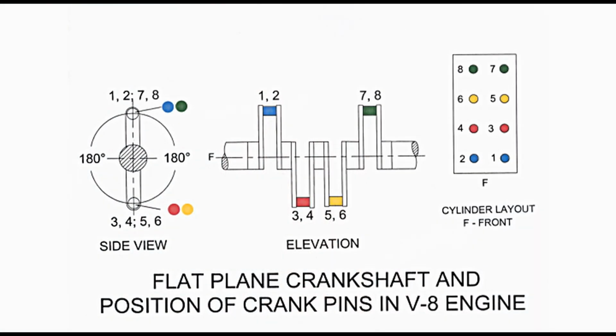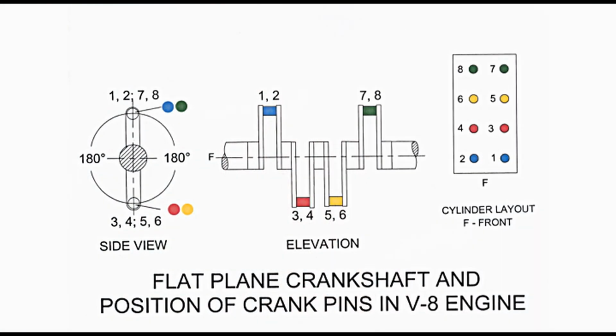Flat plane V8 crankshaft. Here crank pins are 180° apart. Again, there are 4 crank pins holding the big ends of connecting rods from 8 cylinders. These are paired as shown in the diagram.